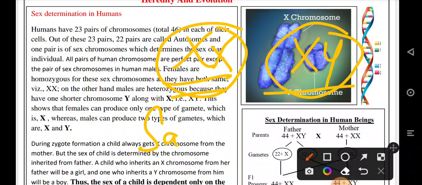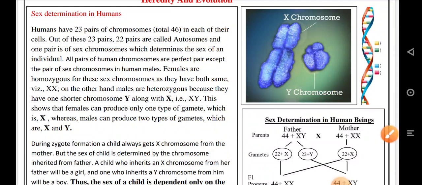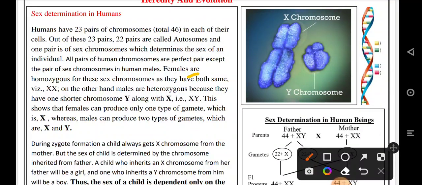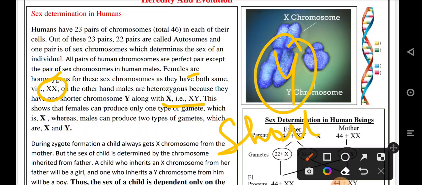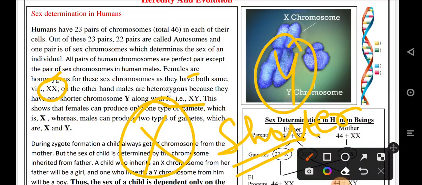Homo means same, both are X, and in the case of males, they carry different chromosomes, X and Y. On the other hand, the male has two chromosomes X and Y, where the Y one is shorter in length as compared to the X chromosome.